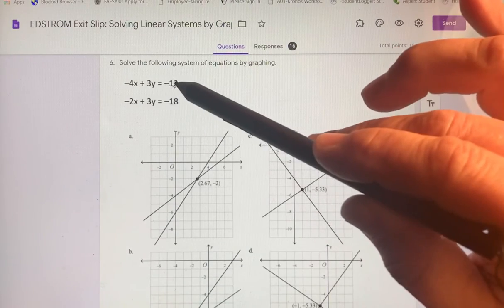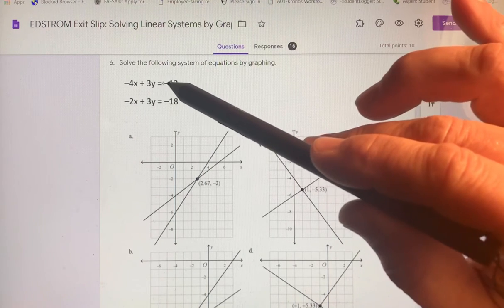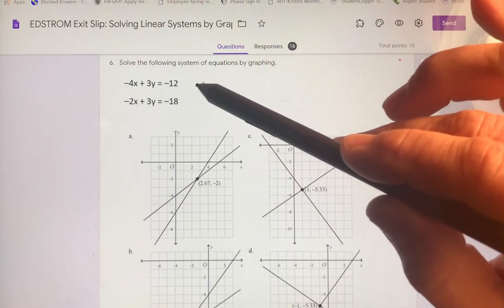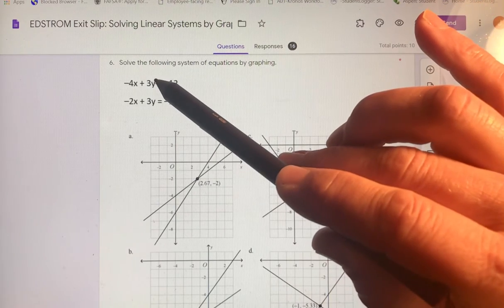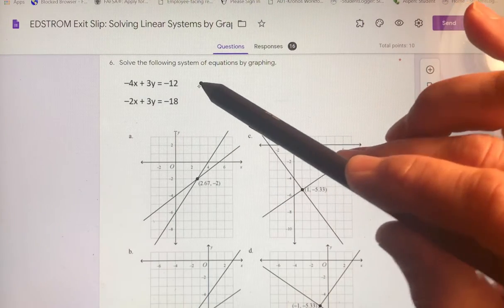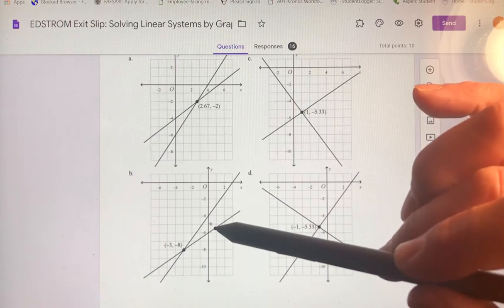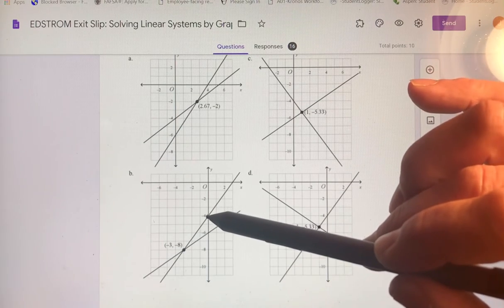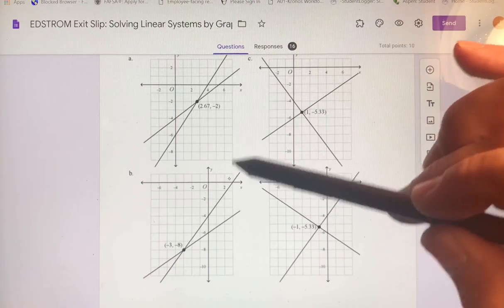If you get this equation to have y by itself, then you would get 3y equals 4x minus 12. And this is going to give you a slope of 4/3. And that 4/3 turns out to be right here, up 4 over 3, 4/3.